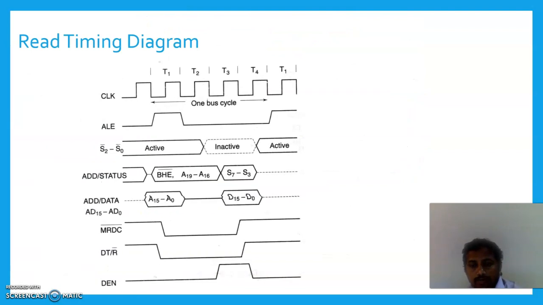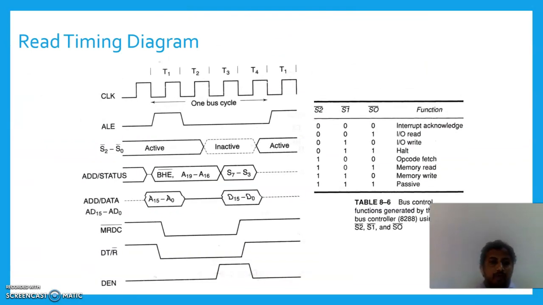When you go for the timing diagrams for maximum mode configuration, one thing to remember is that the same lines would be there: address latch enable, address and so on. These three lines are common.